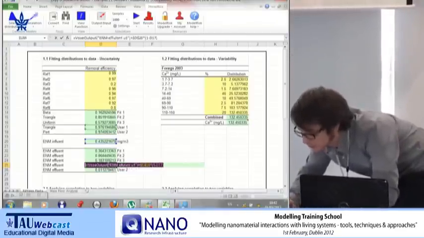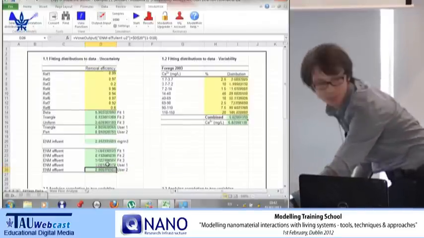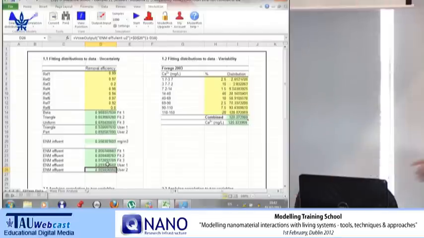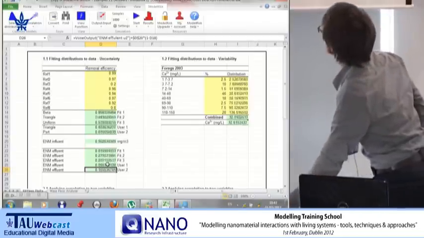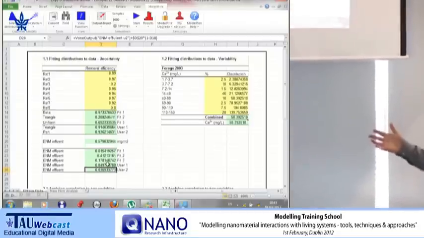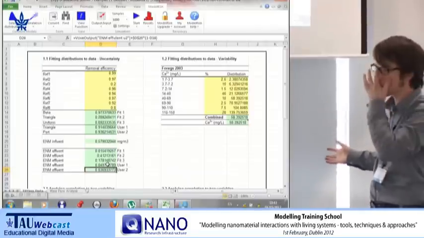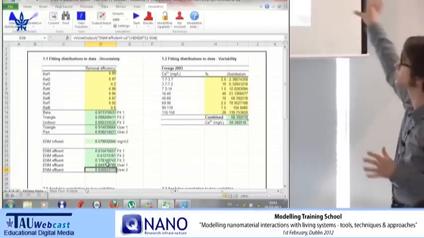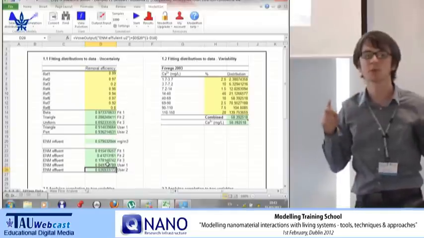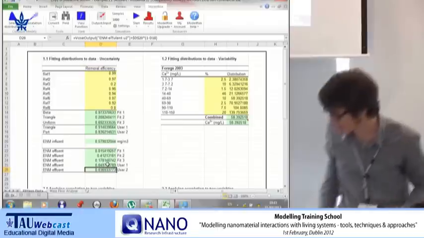So for instance, if I press F9, you can see it changes, it samples a different value from these distributions that we defined. Each time I press, this is one scenario, another scenario, another scenario. At the end, we do this like 10,000 times. You can do it 100 times, 1,000, 10,000, a million if you want, depending on how complex your model is. And then you get an overview of all these possible scenarios. Remember, these scenarios have to be realistic, so the input has to represent a realistic environmental scenario.